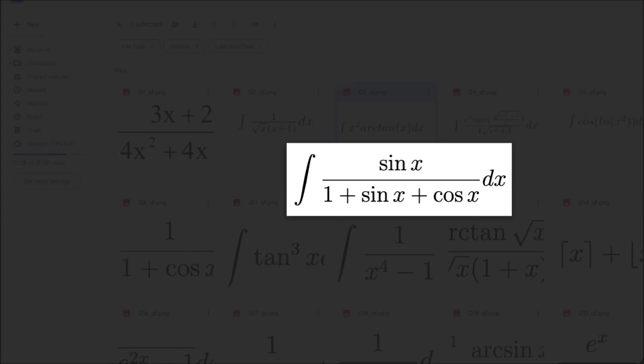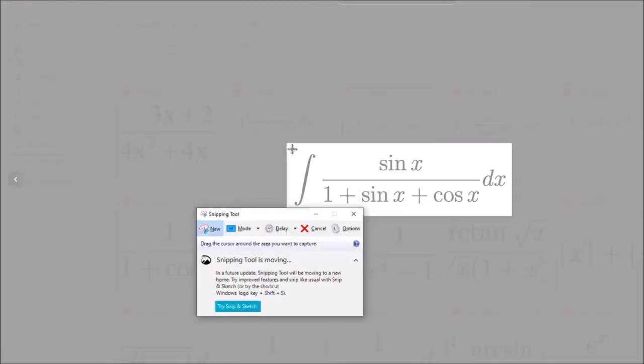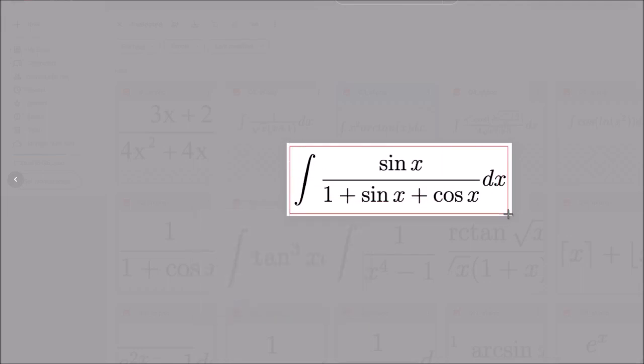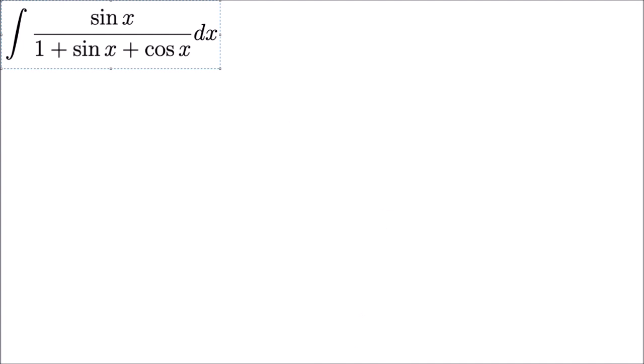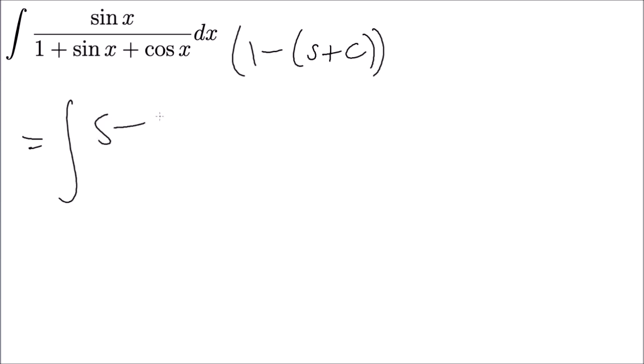You know what? Screw your techniques. I'm gonna go Harvard MIT style. Multiply by 1 minus sine of x, plus c. Right? And then I get s minus s plus c here.